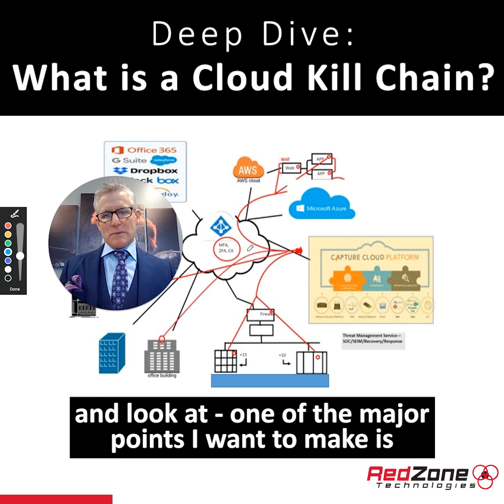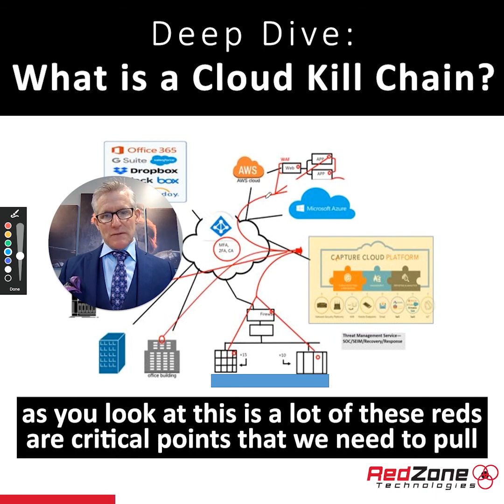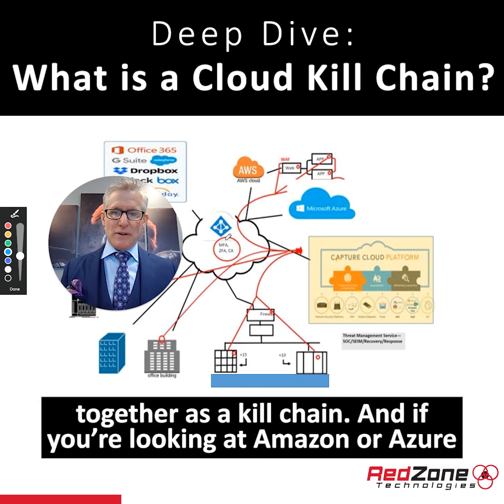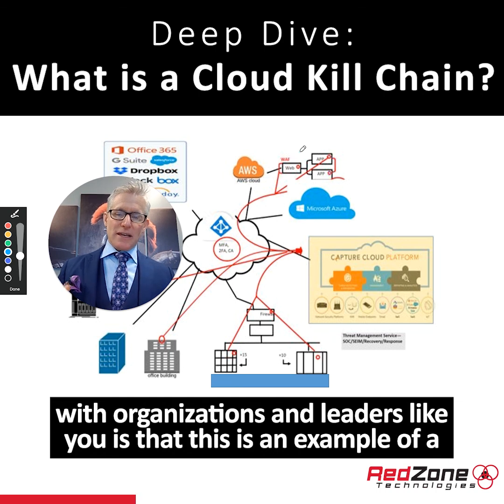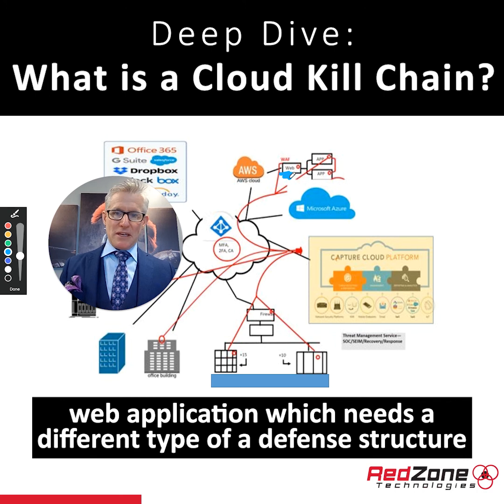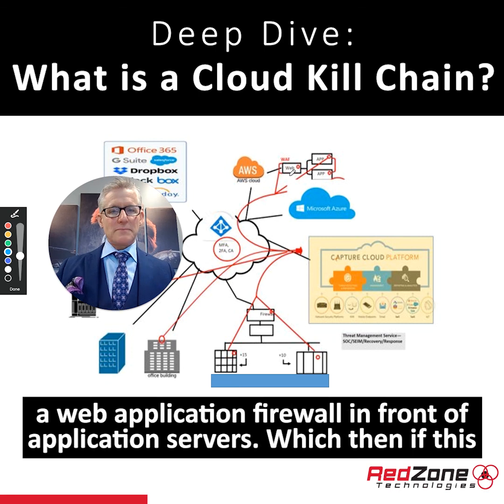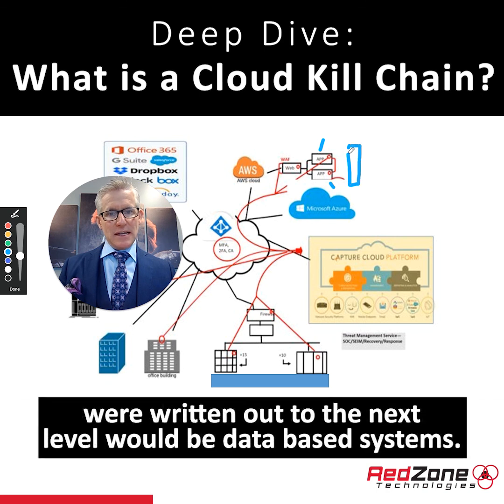One of the major points I want to make is, as you look at this, a lot of these reds are critical points that we need to pull together as a kill chain. And if you're looking at Amazon or Azure, it is very important that, again, having these red dots here, as we're working with organizations and leaders like you, this is an example of a web application, which needs a different type of defense structure, a web application firewall in front of application servers, which then, if this were written out to the next level, would be database systems.